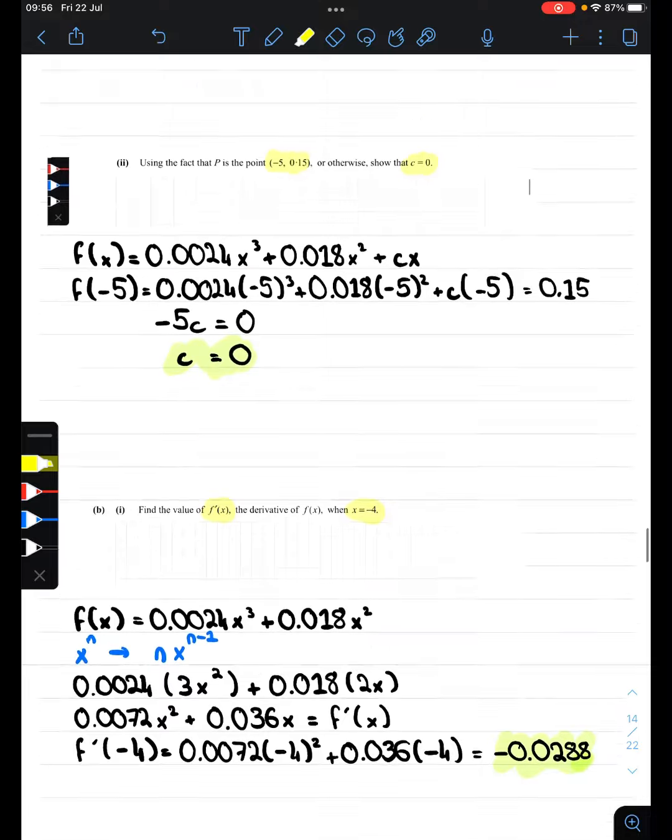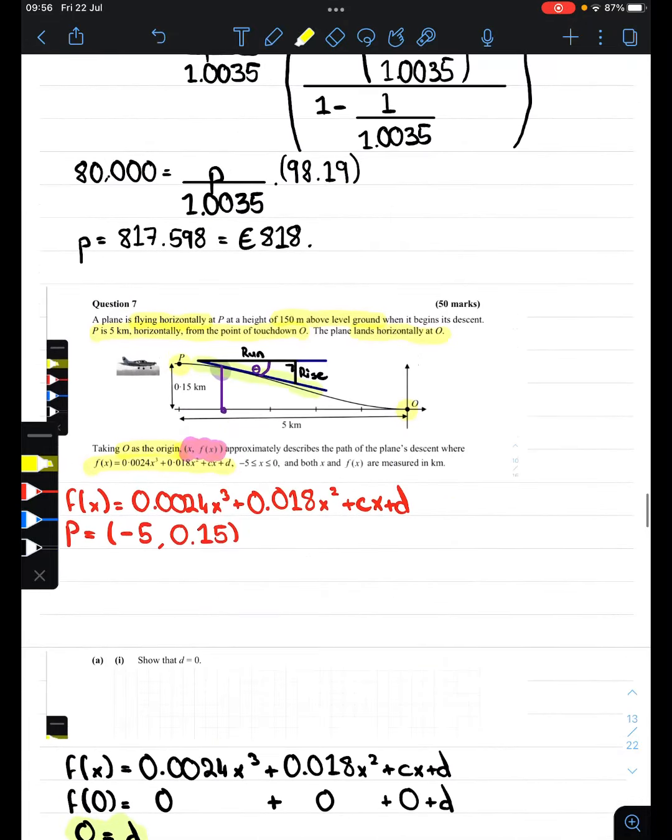Okay, so let's go back up to our graph and clear it up a little bit. Okay, so what would this look like? Our point of inflection is somewhere around here.